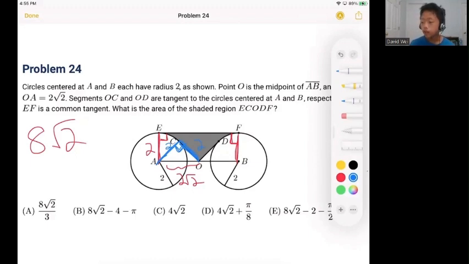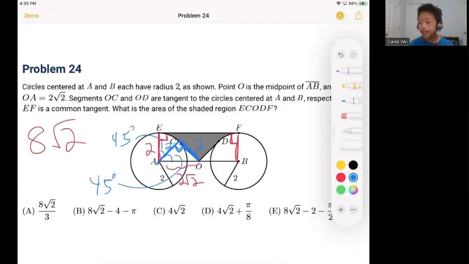And notice that you have an isosceles right triangle. Remember, when you have an isosceles right triangle, the two base angles are equal to 45 degrees. So this angle over here is 45 degrees, and this angle here is also 45 degrees.